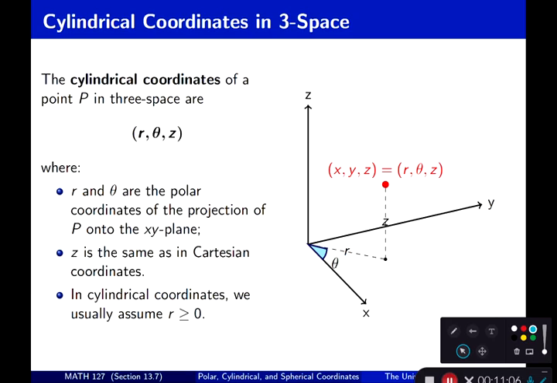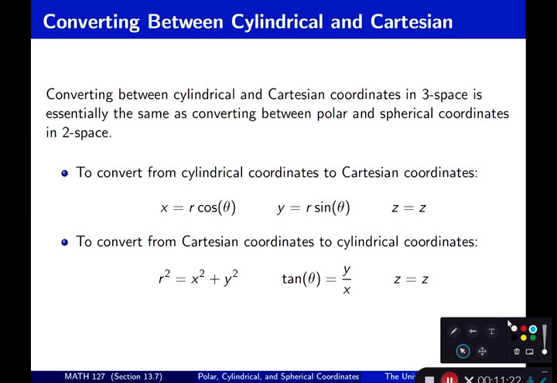In cylindrical coordinates, we usually assume r is bigger than or equal to 0. So the conversion between cylindrical and Cartesian is very similar to the conversion between polar and Cartesian.